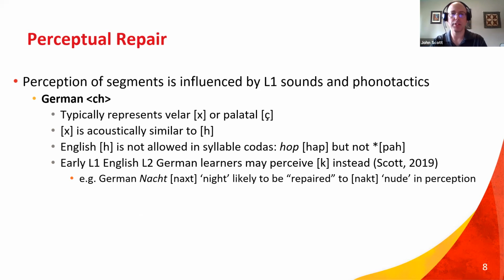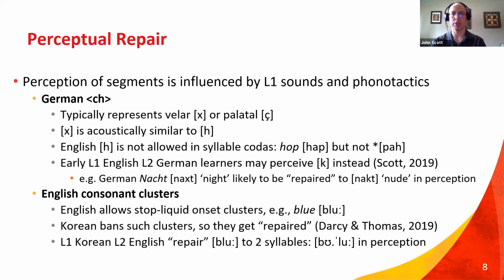These are related, but acoustically, the velar is kind of similar to a K, but we'll find that because there's this rule that this sound can't be at the end of a syllable in English, learners of German will eventually start processing it and kind of reinterpreting it as a K, even though that would identify the wrong word. So that'll happen based on restructuring of the sound based on where it's allowed to appear, or where they think it's allowed to appear, until they figure out that it's in fact a different sound.